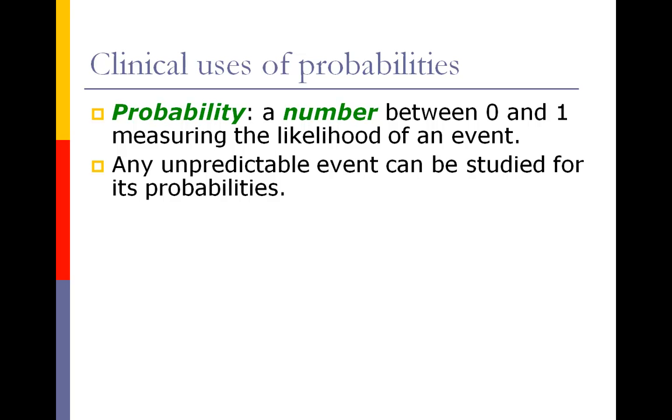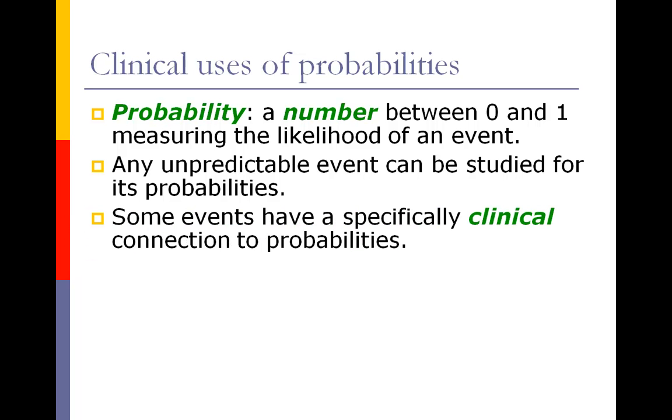The list never ends. However, what we're going to be looking at today are certain events that have a specifically clinical connection to probabilities. In other words, there are certain events whose probabilities have a really important and clear clinical meaning, and so they're going to be used on a fairly regular basis.